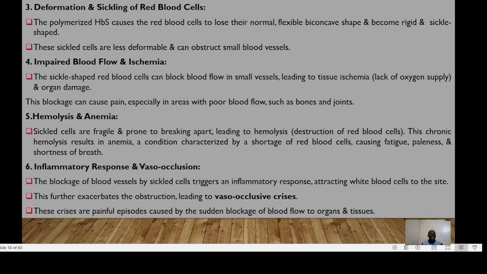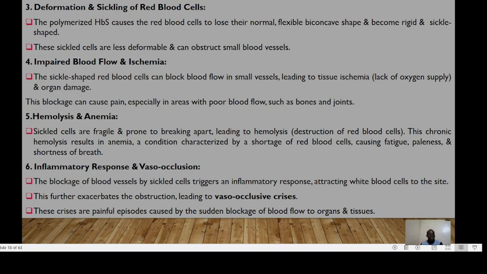What about impaired blood flow and ischemia? That is point number four. These sickle-shaped red blood cells block blood flow in small vessels, leading to tissue ischemia, which is a lack of oxygen supply, and organ damage. This blockage can cause pain, especially in areas with poor blood flow, such as the bones and joints.